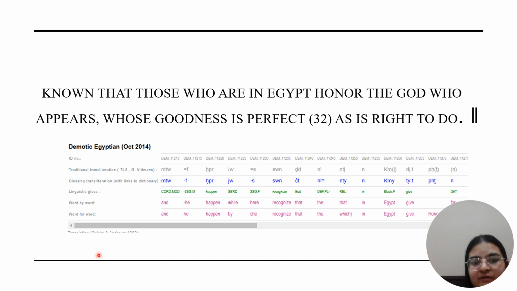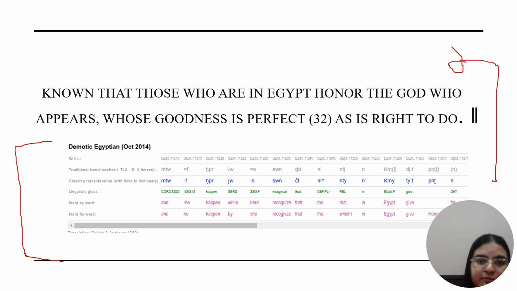So section 57, on the middle side, gives the meaning that the Egyptians who pass the new policies should follow them, and everything should be perfect, and they must do their work well, honoring their God who appears perfect and who gives them everything.